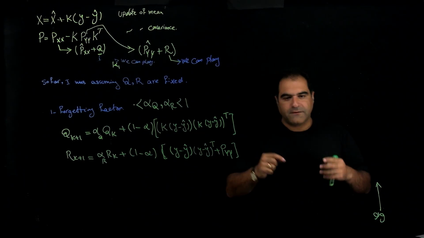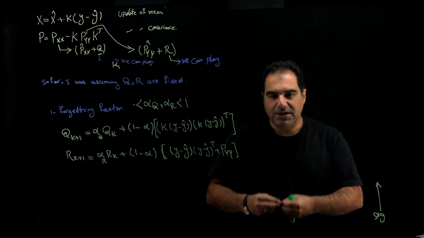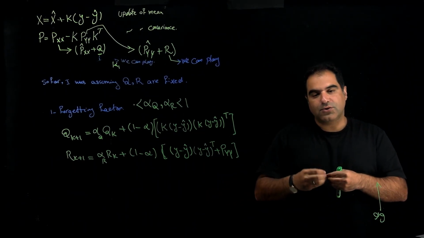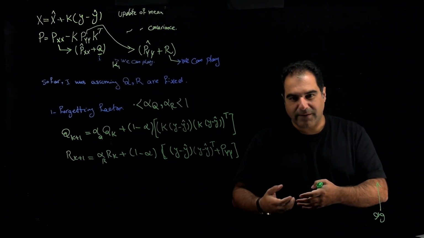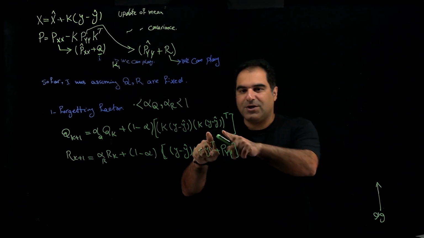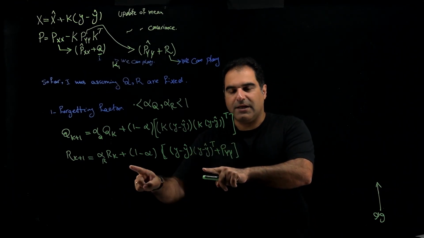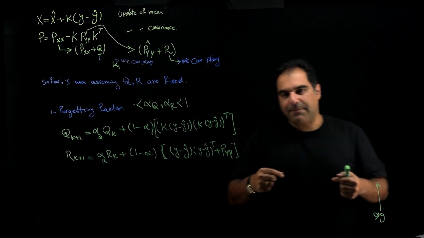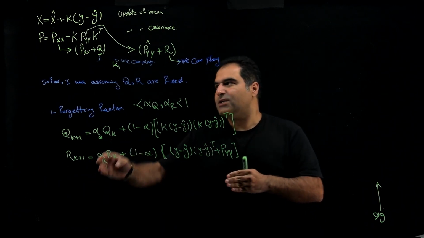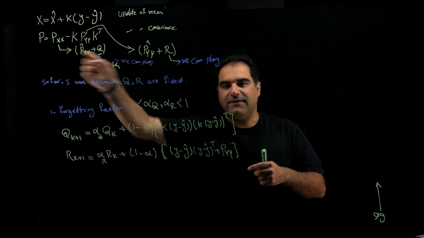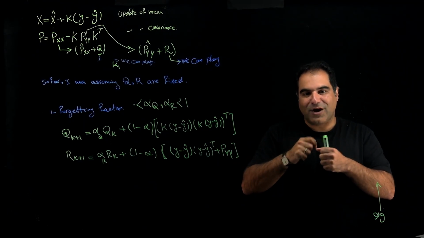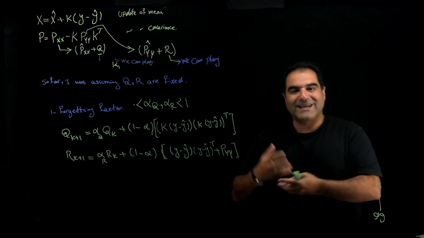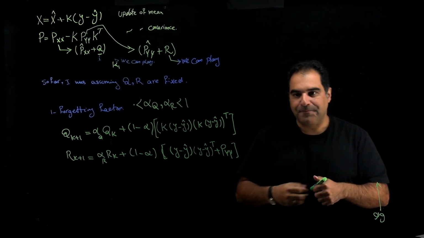Then if you want to quantify the level of the damage in your system, it's better to use adaptive Q and R, or assume Q and R are changing over time in each iteration. And because we have the innovation term in the forgetting factor technique, once you have a change, Q and R will increase and eventually increase the P value and push the Kalman filter and give it more fuel to go forward and explore more and quantify the level of damage.